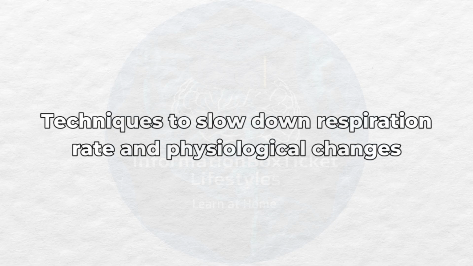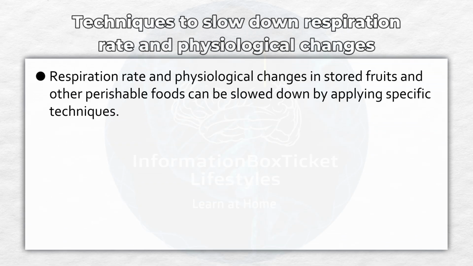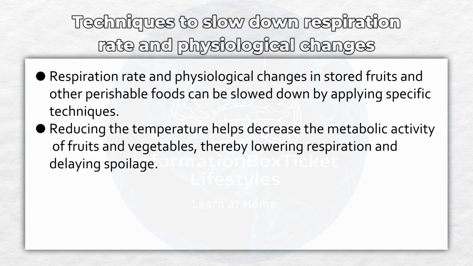Techniques to slow down respiration rate and physiological changes. Respiration rate and physiological changes in stored fruits and other perishable foods can be slowed down by applying specific techniques. Reducing the temperature helps decrease the metabolic activity of fruits and vegetables, thereby lowering respiration and delaying spoilage.